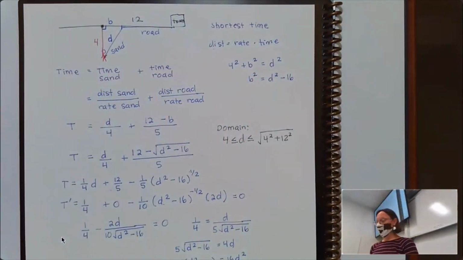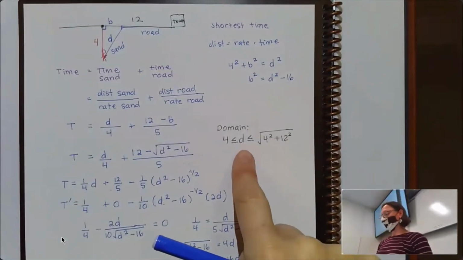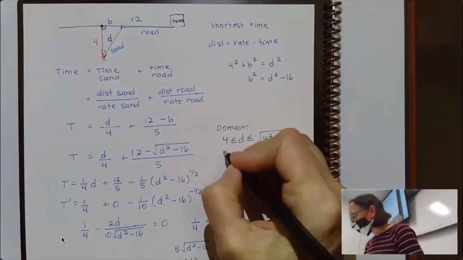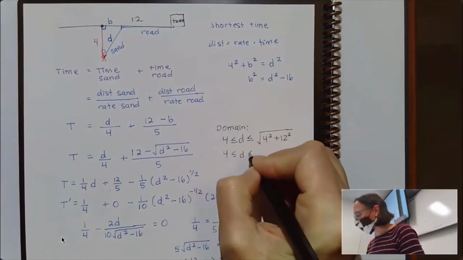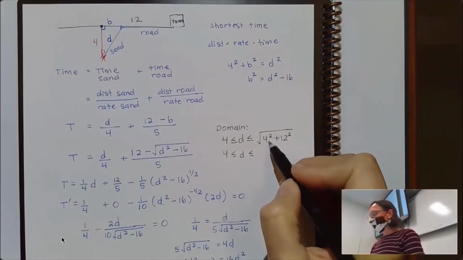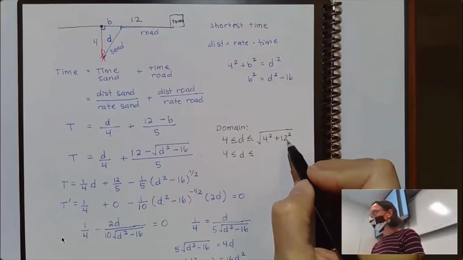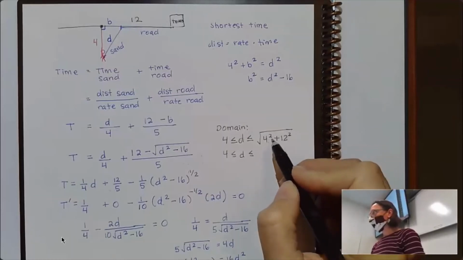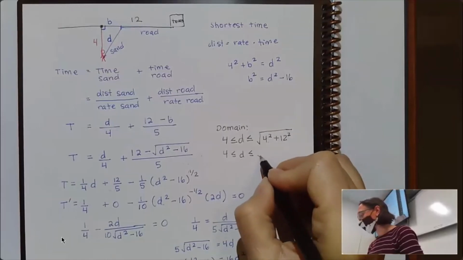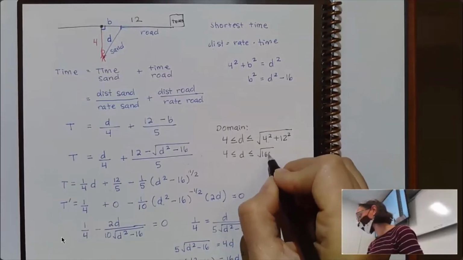Which begs the question, is it within our domain? And I'm going to say, yeah, it probably is. But let's give ourselves a reality check. So 4 is less than or equal to D is less than or equal to 4 squared is 16. 12 squared is 144. 16 and 144 sounds like the square root of 160.